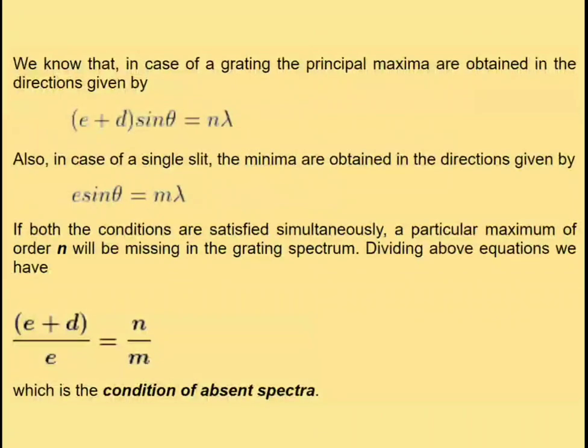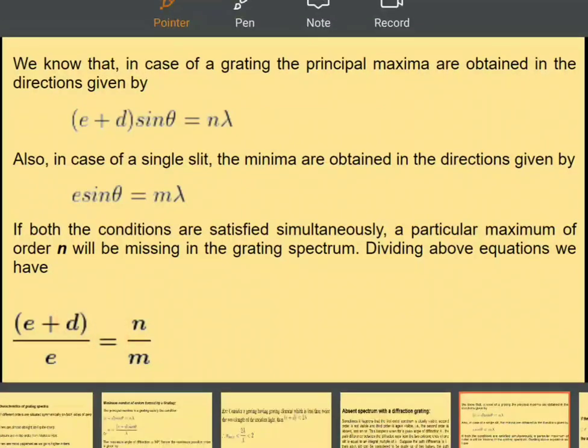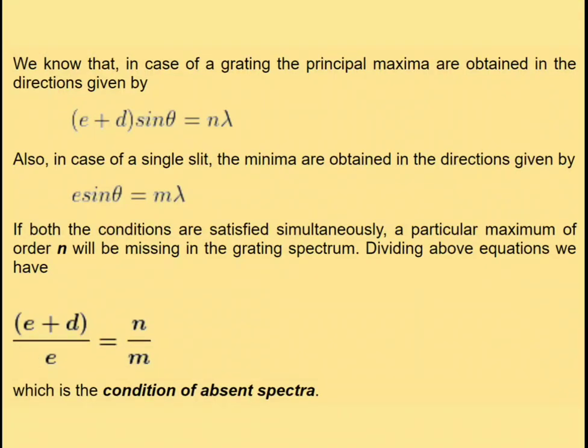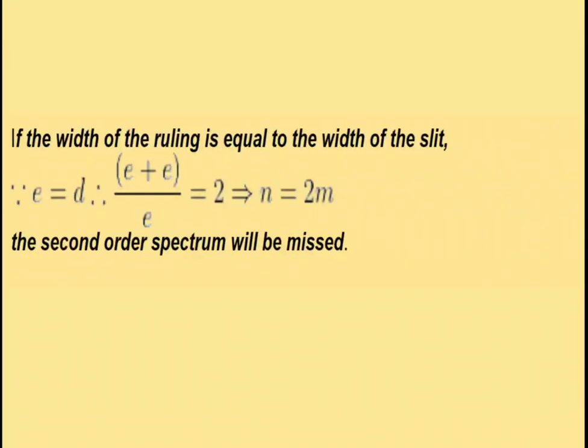Here there is a formula, (e plus d) by e is equal to n by m. Now substitute d is equal to e in this formula, that is e plus e, that is 2e. So 2e by e, cancel, 2 is equal to n by m. Therefore the order n can be written as 2m. So here the second order spectrum will be missed.